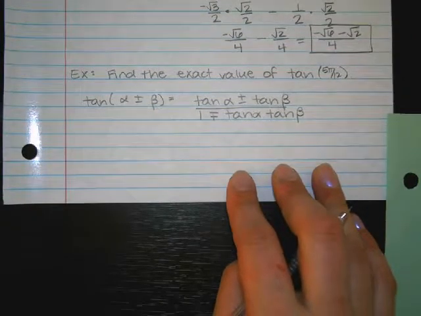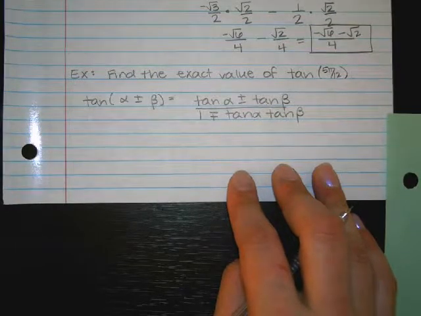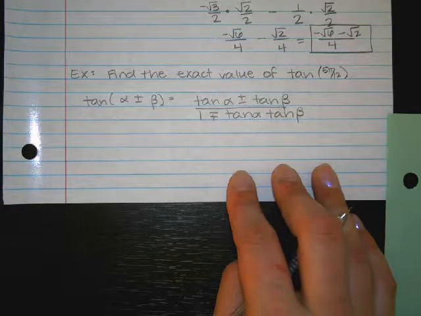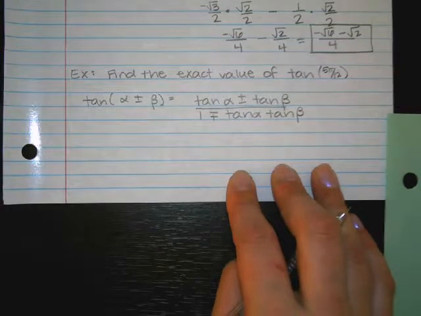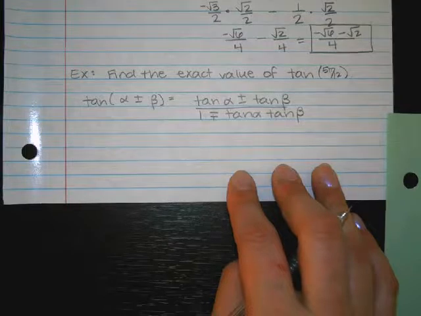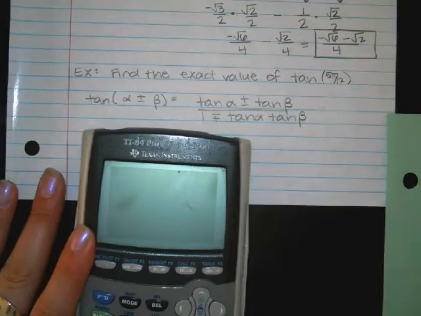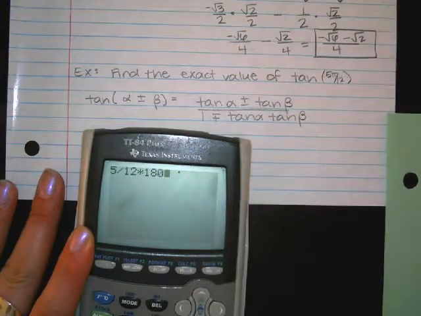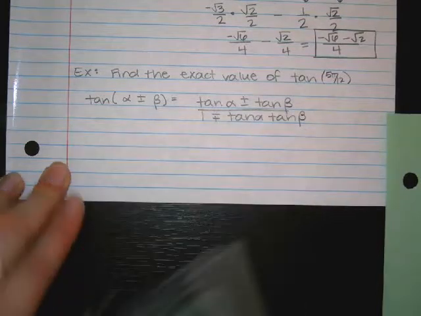Yeah, it looks a lot more complicated. So 5 pi twelfths is 75 degrees. If we do 5 twelfths multiplied by 180, we're going to get 75.